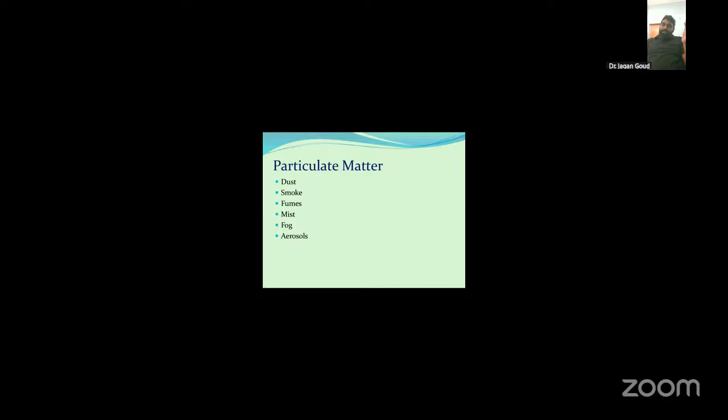Particle size is mostly coarse, PM10. Composition is silicates, carbonates, metal oxides, and soil minerals. Health effects are upper respiratory tract irritation, chronic bronchitis, and silicosis.